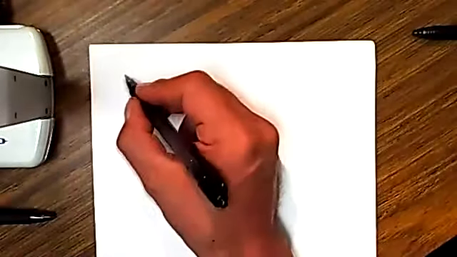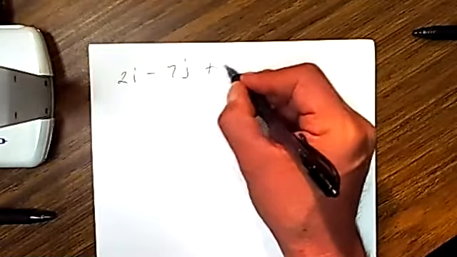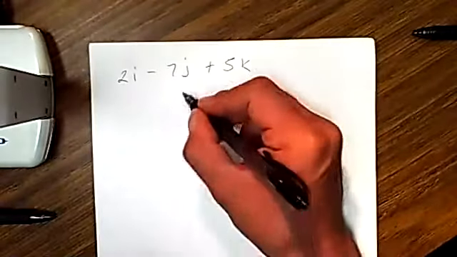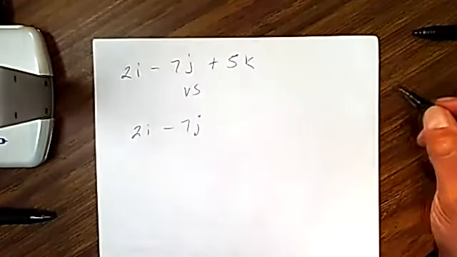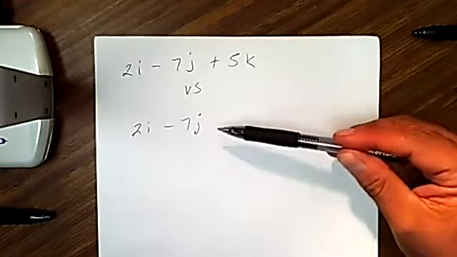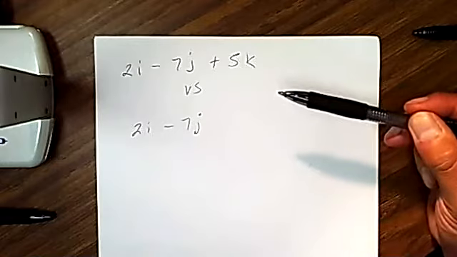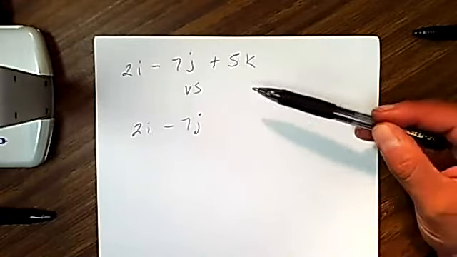The only thing to remember when we're using that notation, let me bring back the example. It is 2i minus 7j plus 5k versus 2i minus 7j. Somebody could ask, well, this vector has nothing to do with that vector, and that is one thing that is different when we use this notation.